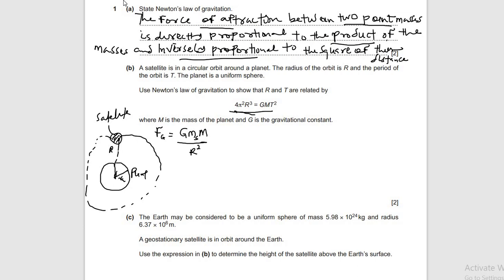Now, since the satellite is orbiting the planet in a circular path, the force of attraction will provide the centripetal force, Fc. What is centripetal force? The force that makes the satellite tend toward the center. So the force of attraction provides that.